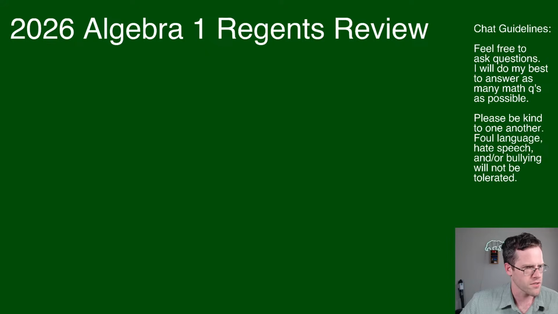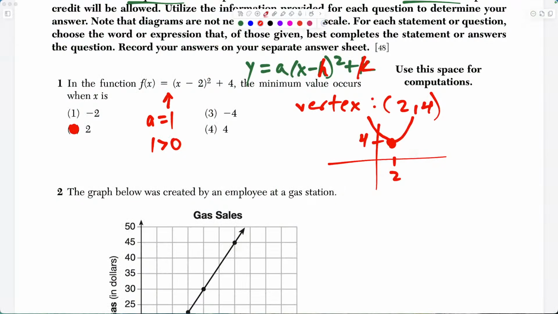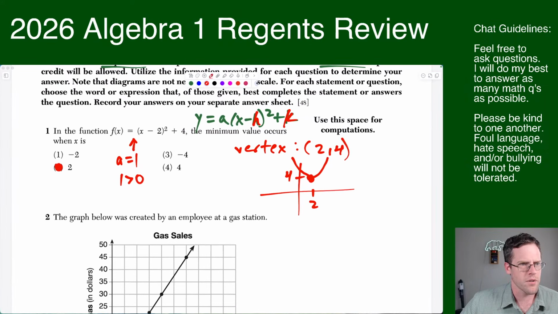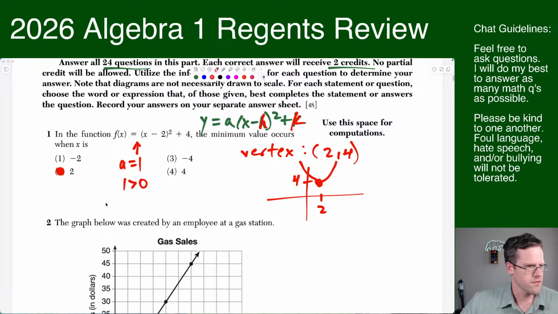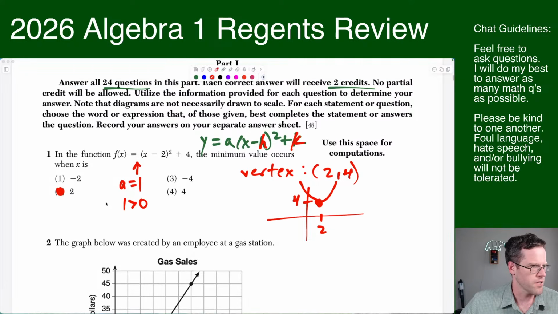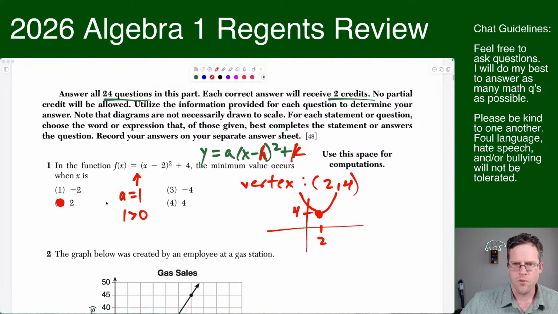Sorry, technical difficulties. We'll be fine though. I'll get it back up and running. Now I've got to resize. Yep, that'll do it. All right, we can see it now. Let me know. Cool.